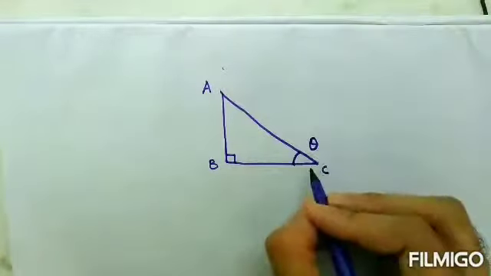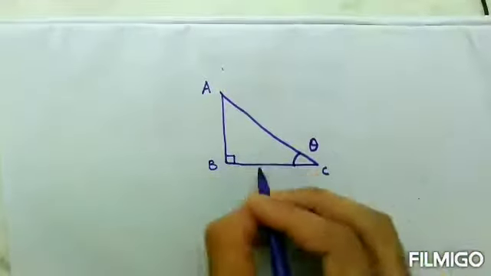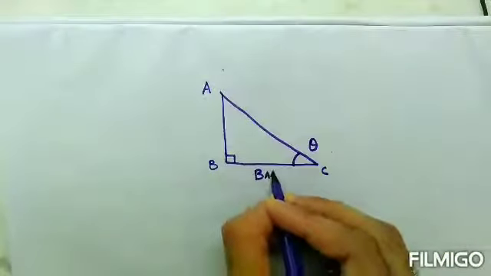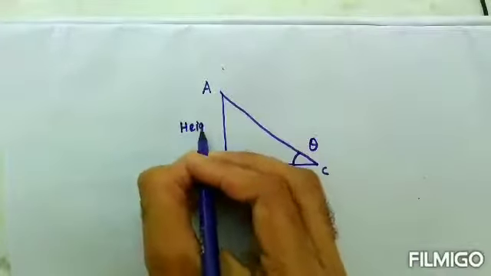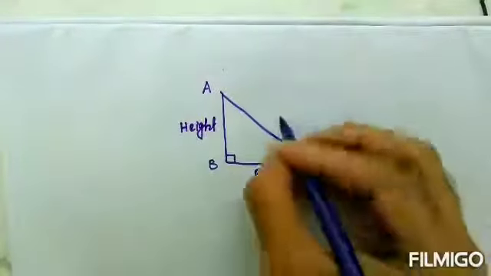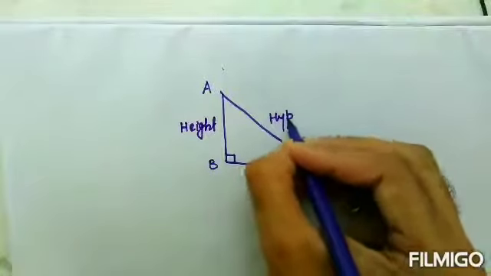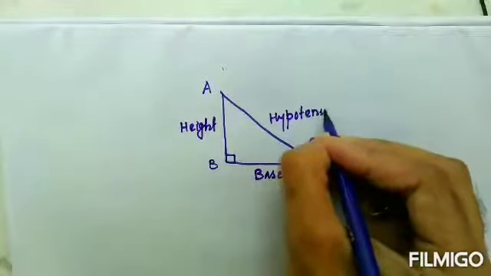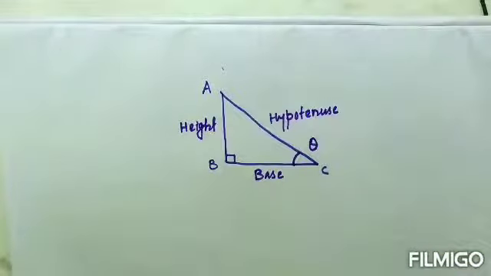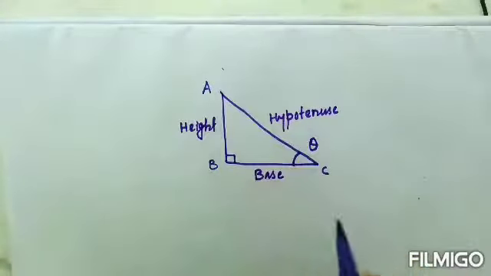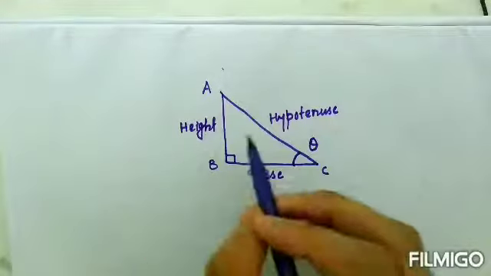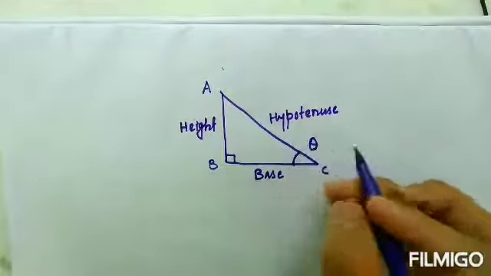So in this triangle, this will be the base, this will be the height, and this will be the hypotenuse. Here we will learn some ratios which are very much related to these base, height and hypotenuse.